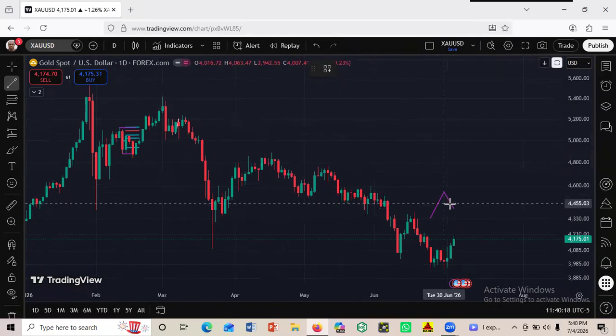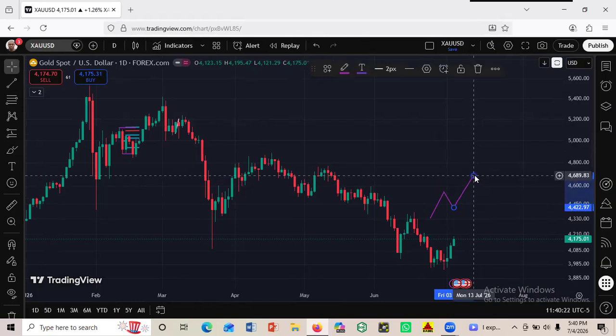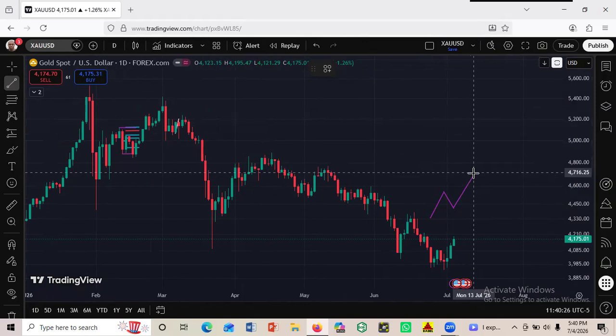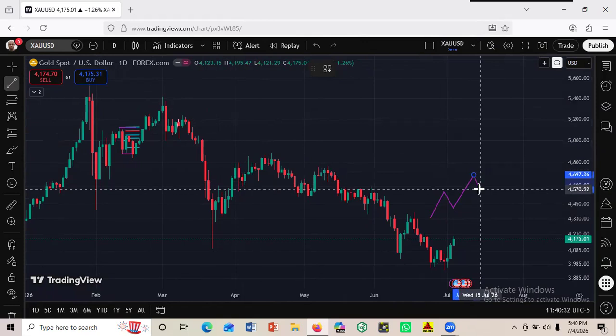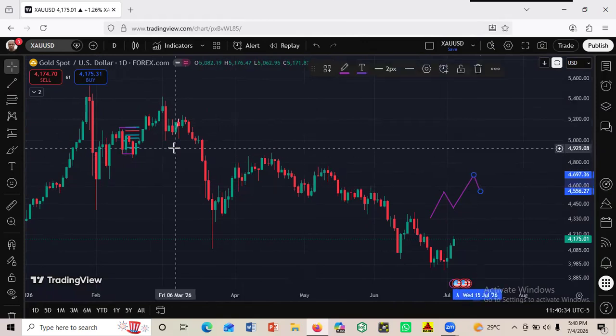So this is what the price had been doing, going up like that, also going down. So that is what price probably had been doing.